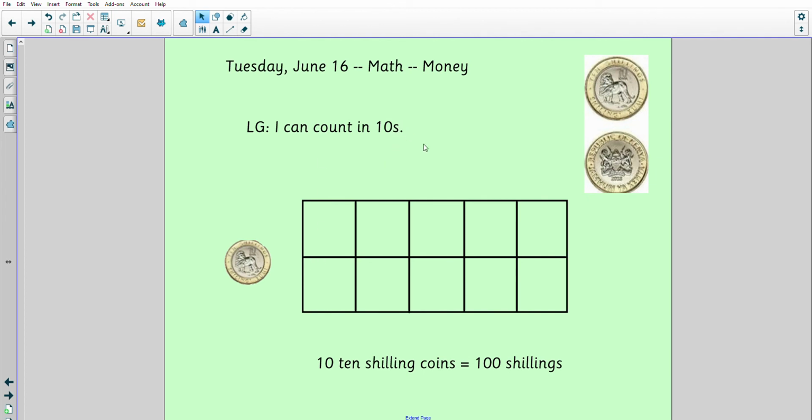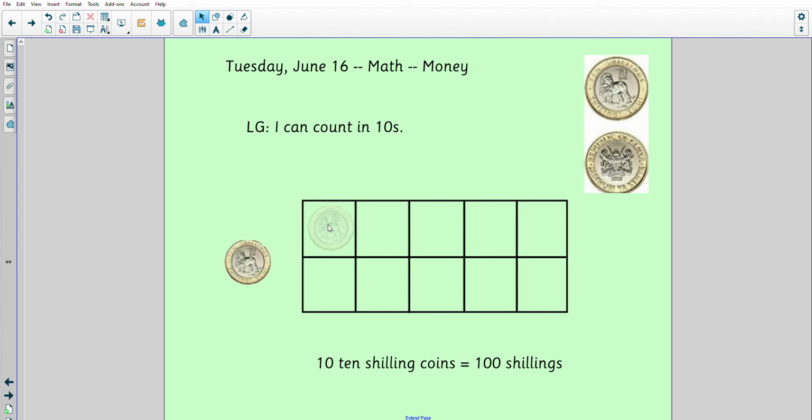Let's look at 10 shilling or 10-bob coins. The front of the 10-bob coin has a lion, and the back again has the Kenyan coat of arms. Can you help me count in 10s up to 100? I know you can.